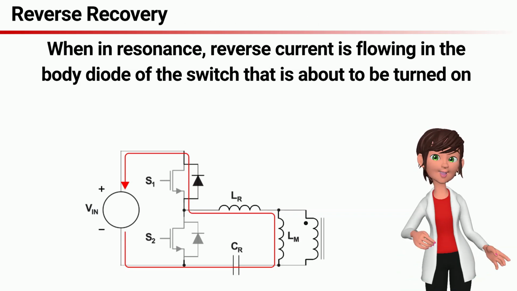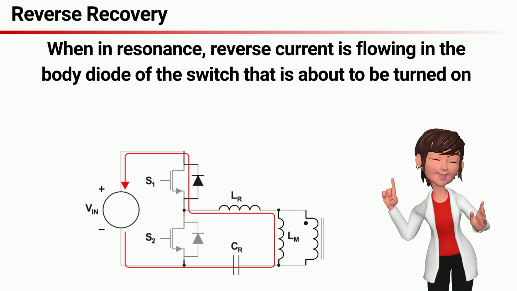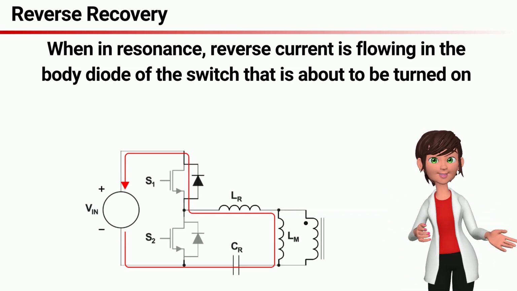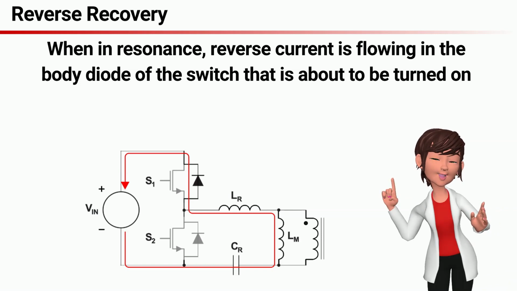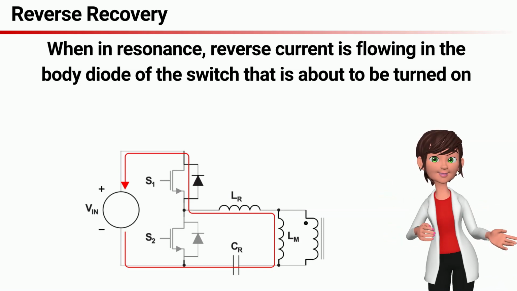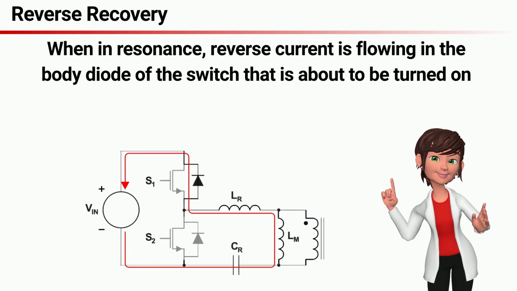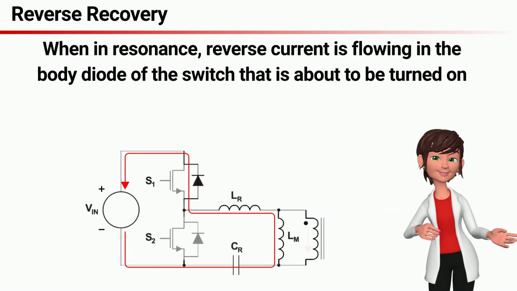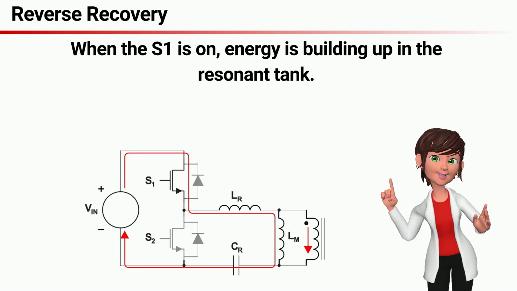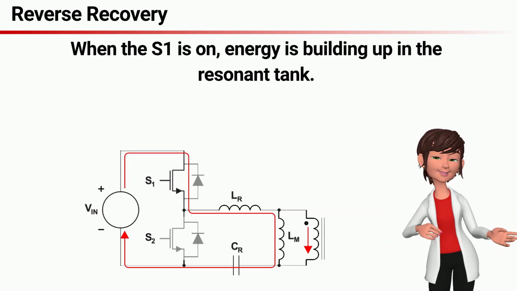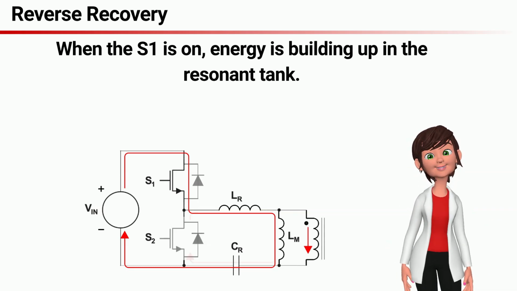First, let me remind you of how the LLC controller operates normally when in resonance. For zero-voltage switching, or ZVS, to occur, current must be flowing through the body diode of the switch. When the switch S1 is on, current flows from the input voltage into the resonant tank.